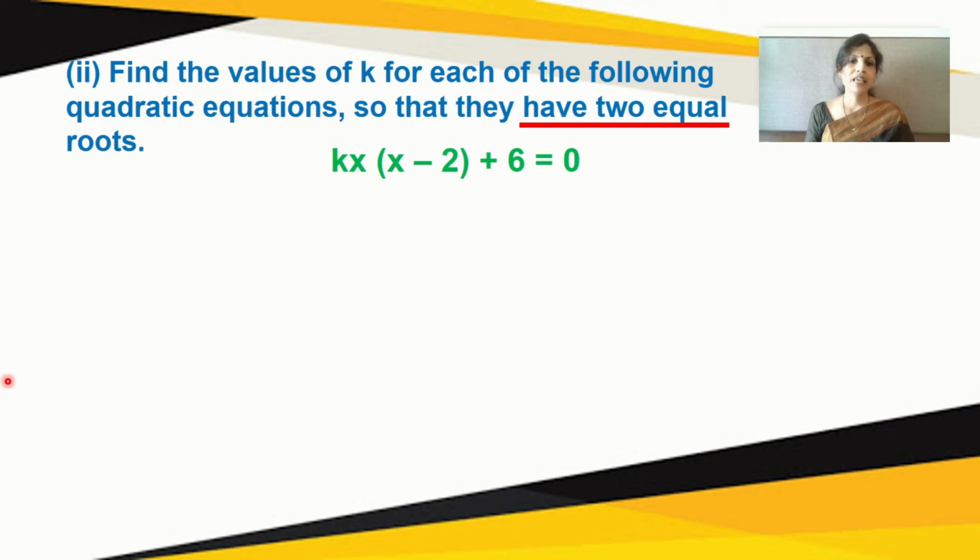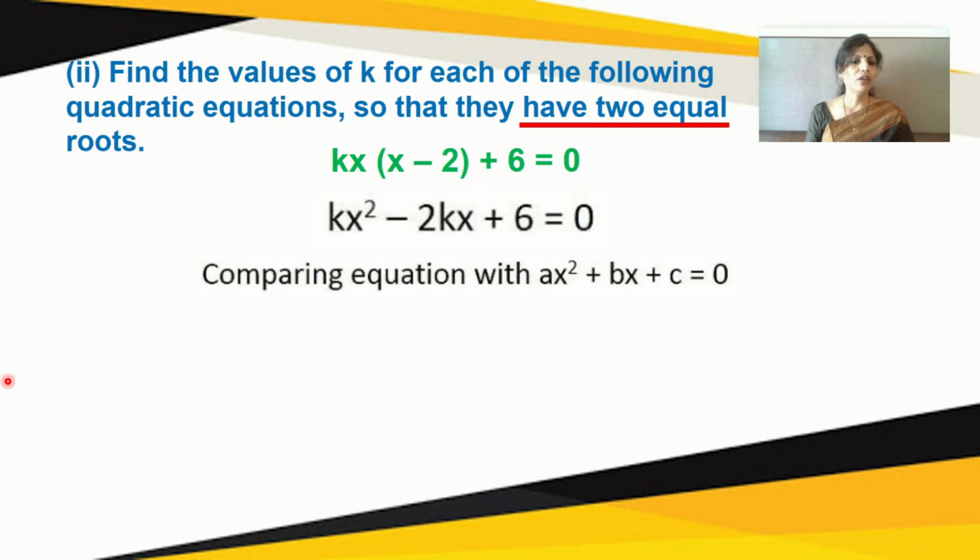Our equation is kx in the bracket x minus 2 plus 6 is equal to 0. So let's first simplify, multiply this kx with the bracket and just check out what equation we get. So we get kx square minus 2kx plus 6 is equal to 0. And now we will compare this equation with the standard form.